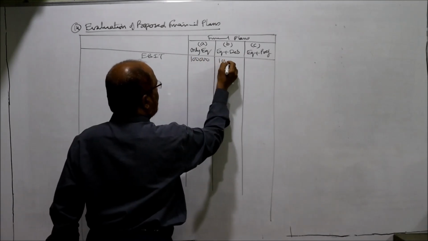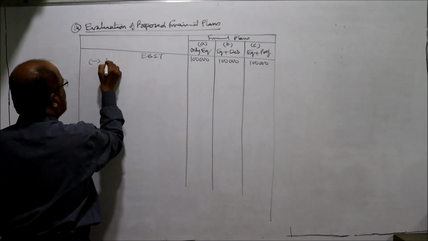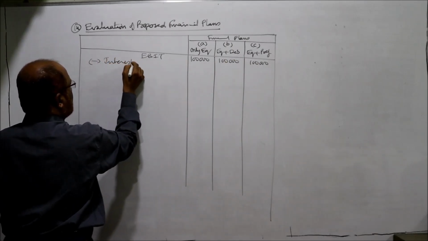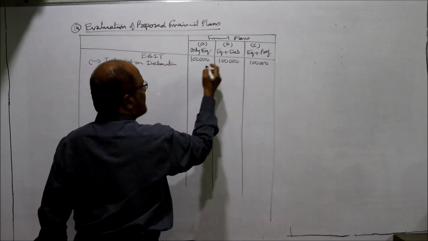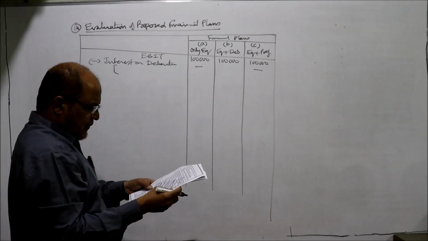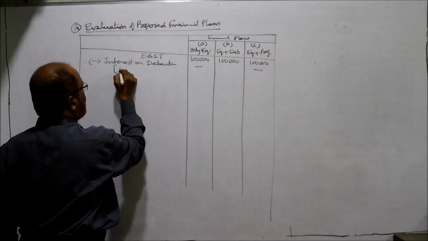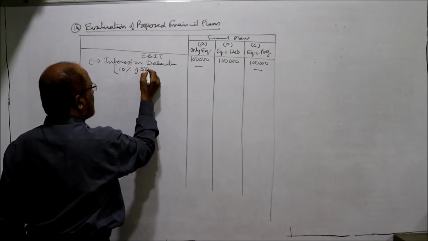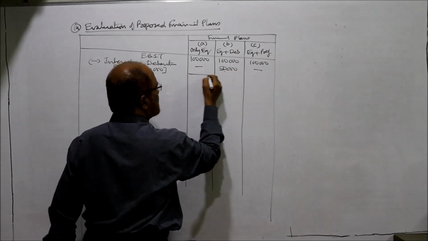Less interest on debentures. Debentures are there in the second plan. First plan and third plan we don't have interest. Second plan, debentures are 10% debentures of rupees 5 lakh. 10% of 5 lakh comes to 50,000.